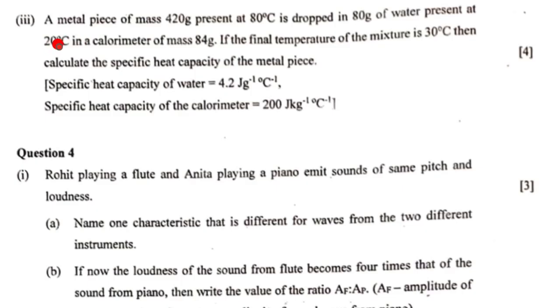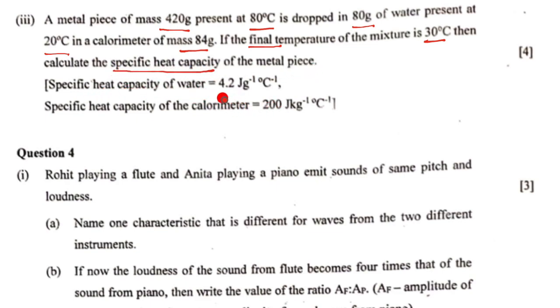Alright, let us come to question 3, third part. A metal piece of mass 420 grams at 80 degrees C is dropped into 80 grams of water present at 20 degrees C in a calorimeter of mass 84 gram, and the final temperature is 30 degrees C. Then calculate the specific heat capacity of the metal piece.